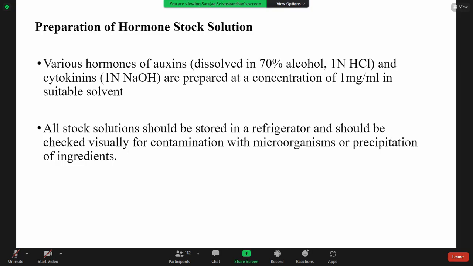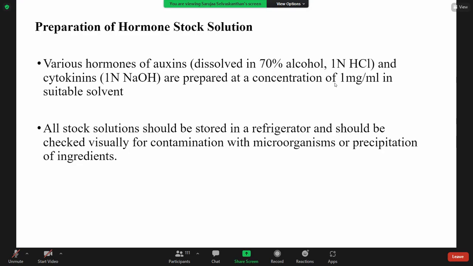Those are what we normally use for rooting. 1 milligram per liter of indole butyric acid, IBA. 1 milligram per liter.